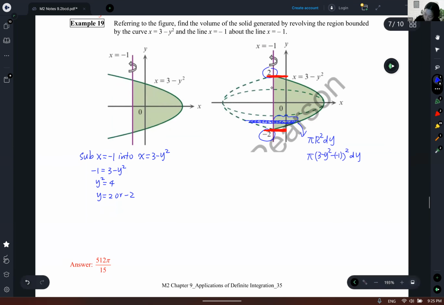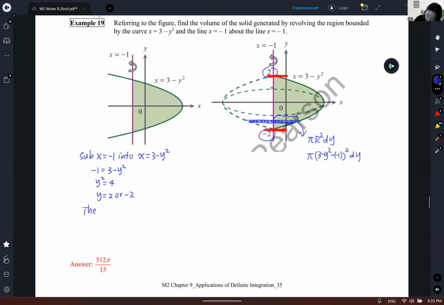Okay, so the volume equals pi, from the green, that's the green. I'm using the value of x, the right-hand side, the green minus the purple. This is x minus -1, so minus -1.